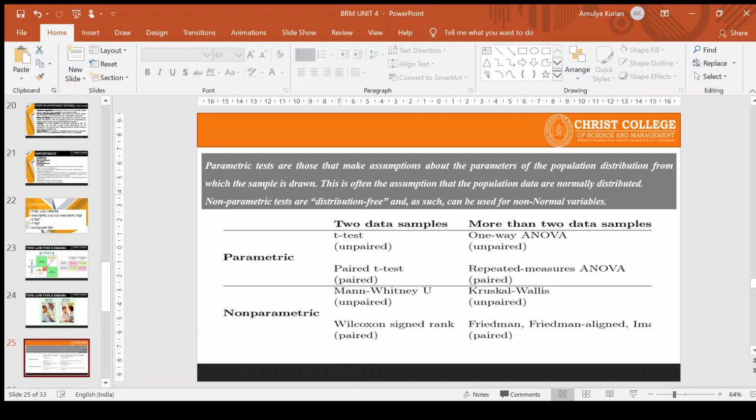That means it is a bell-shaped curve where both sides are symmetrical. And non-parametric tests are performed where the distribution is free. We are not able to trace it as a normal distribution, or we can't predict which distribution it is. In that place we will be using non-parametric tests.